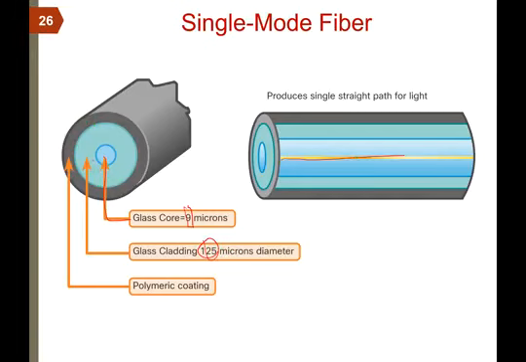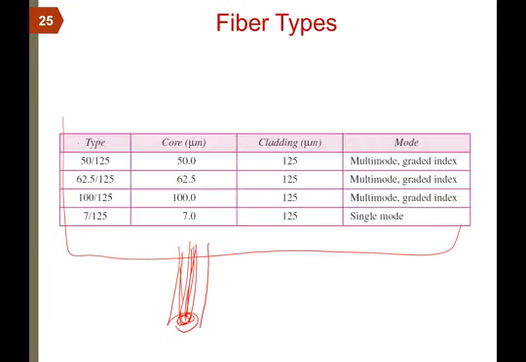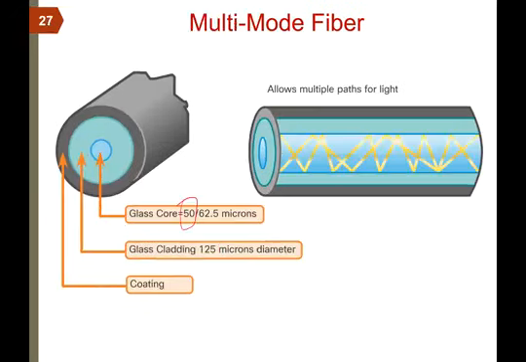So this is the light that passes through this. In multi-mode, the core would be normally bigger, say 50, 62, as we said in this table. 50, 62, these are the common ones used. And the cladding is again the same, so this diameter is the same for both. And there you have the plastic cover.